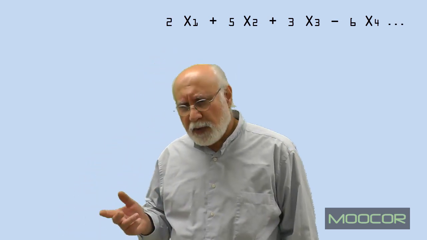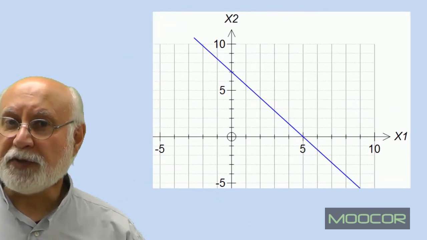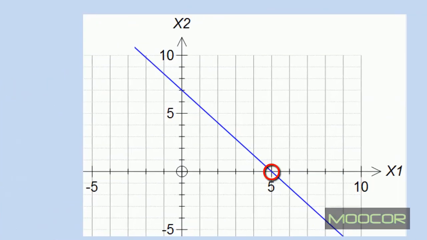So how do we plot a line? In here we are going to be using two intercept points. The intercepts are x1 intercept and x2 intercept. So we will calculate those values by just plugging the intercept values into our equation, and that would give us the line.